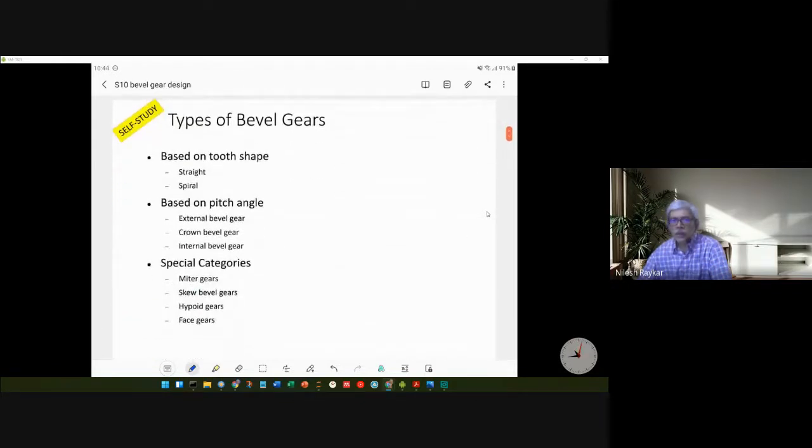Depending on the geometry, that is the angle of the conical shape of the bevel gear, and also the summation of the angle between the two gears, there are different names given to the types of gears, which are well explained in the textbook. So I want you to read through that. It is nomenclature, so just be aware of what the meaning of that is.